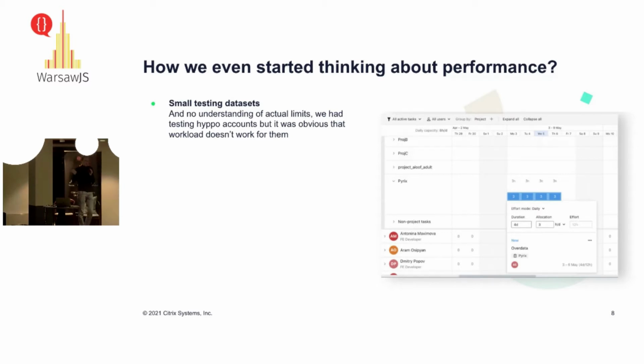That's perfectly enough. Why do you really need a really big amount of data in a test account? Nobody does it, right? Second thing, we had pretty performant MacBooks, so why should it be slow at all? And when customers started coming to us, we were like, but it's fine for us. Why are you complaining? It works for us.